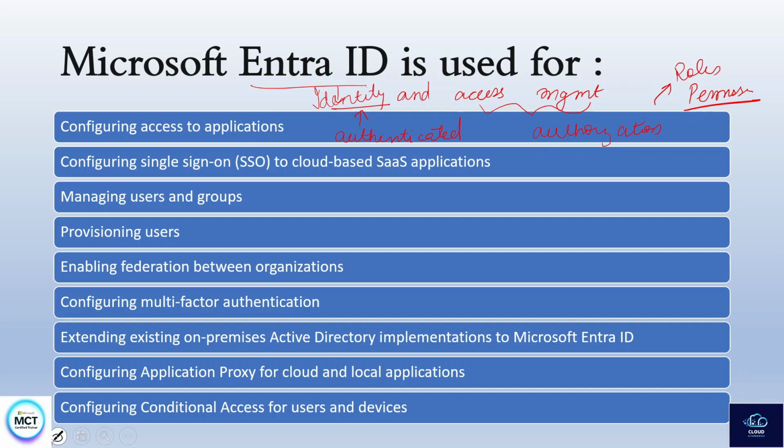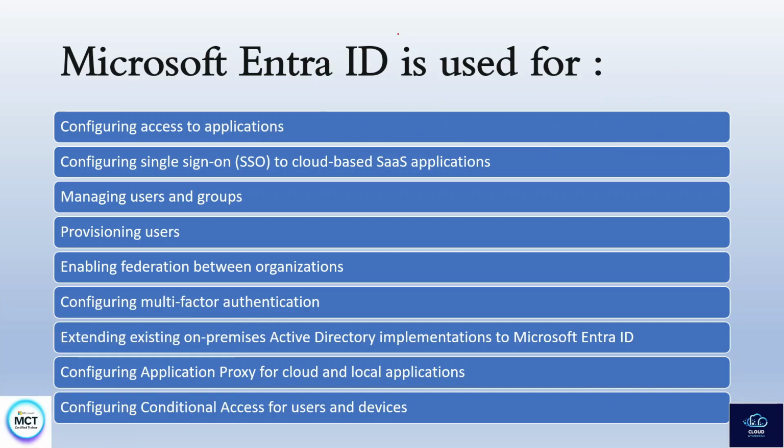So whenever we are configuring an access to the user, authentication and authorization plays a very important role. Now let's understand, when we talk about authentication, if a user accesses there, how are we going to authenticate that user? We will authenticate that user with a username and password, or maybe I have multiple factor of authentication.